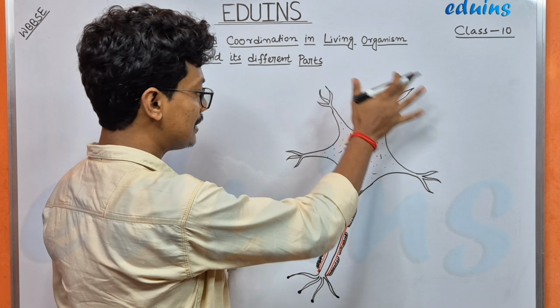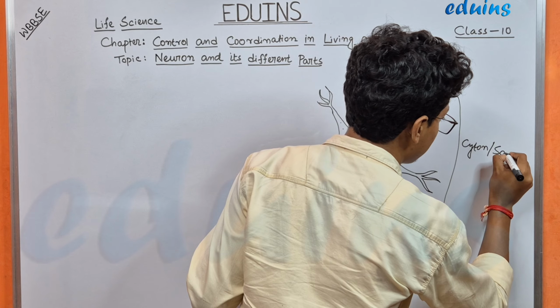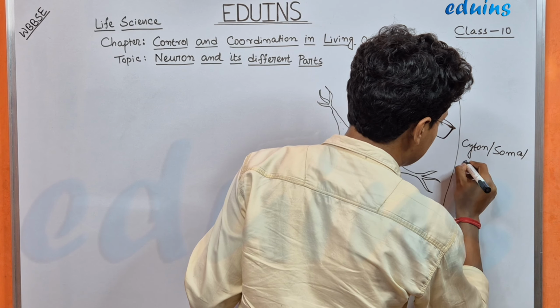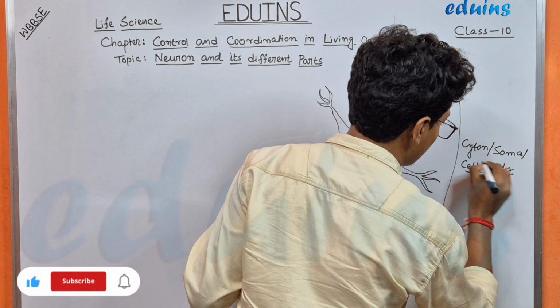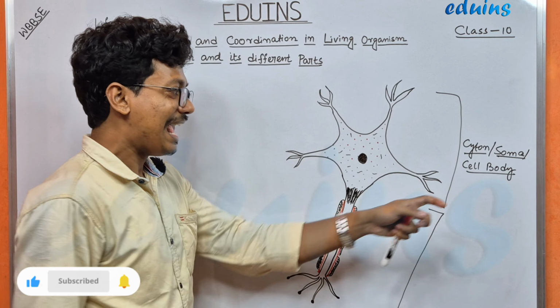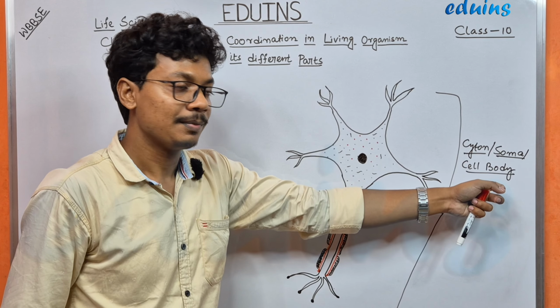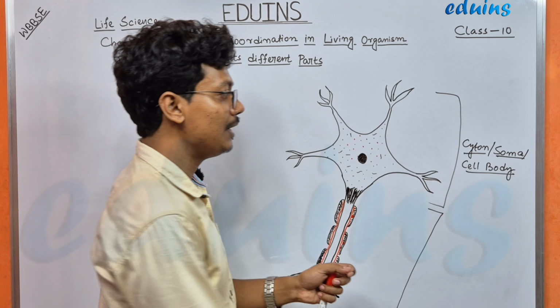Number one, this thumb part, or palm part, is known as cyton, or soma, or cell body. Any of these three terms may be present in your exam, so you have to remember all the terms: cyton, soma, or cell body.